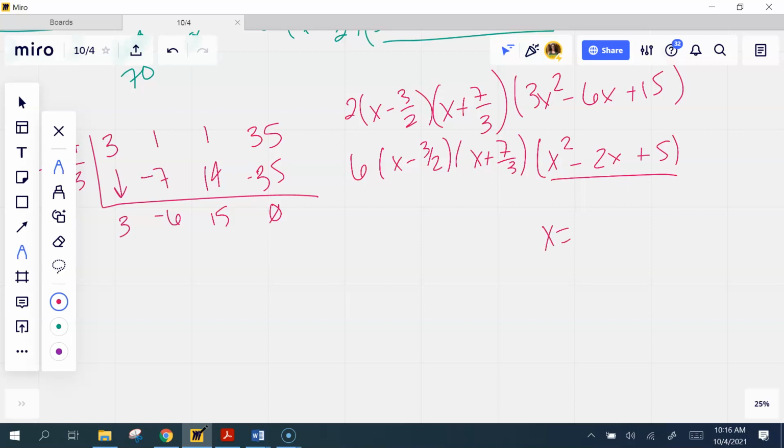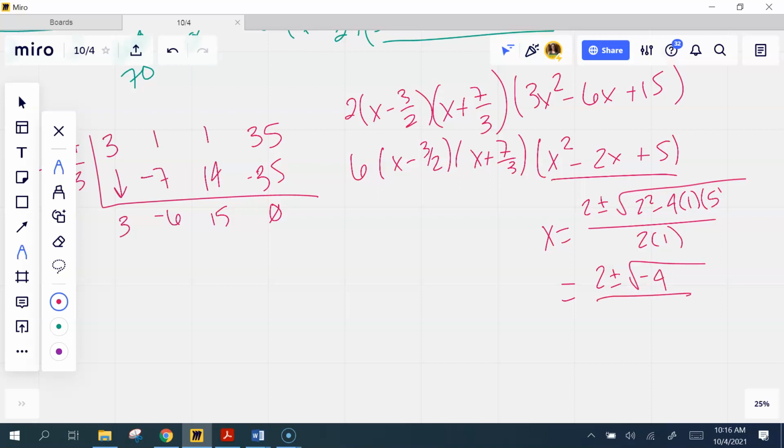So now I'm going to use quadratic formula. Opposite b plus minus square root of b squared minus 4 times a times c all over 2a. And I'm just going to write this out here. 4 minus 20 is what? Negative 16.